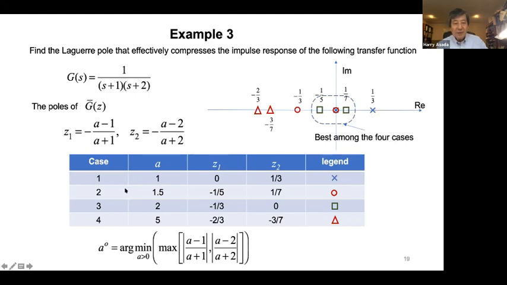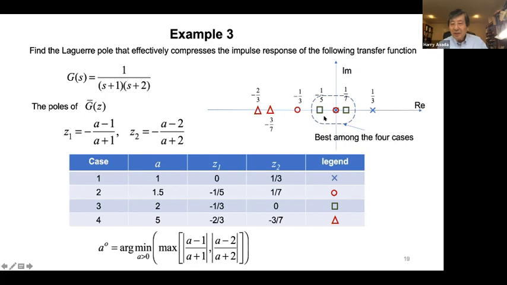Okay. Case 2, I put a somewhere between these two poles, so a equal 1.5. Well, the original poles are -1 and -2, right? So exactly in the middle is -1.5. Taking the plus side, I set a equal 1.5, and then z1 is -1/5, and z2 is 1/7.